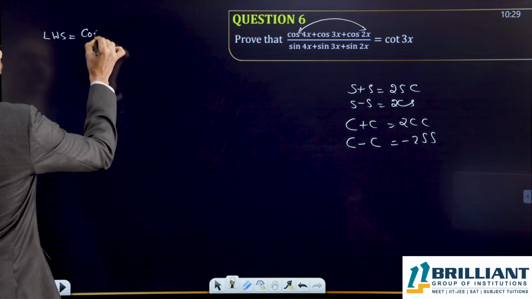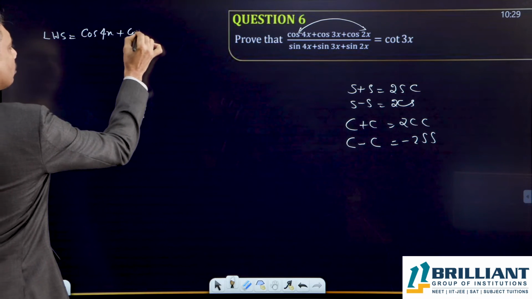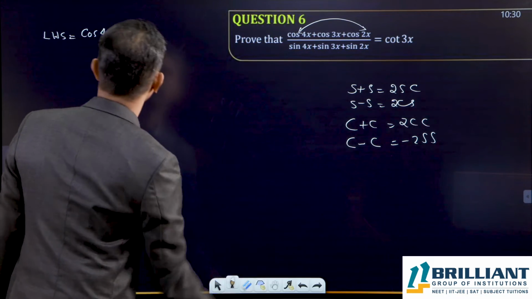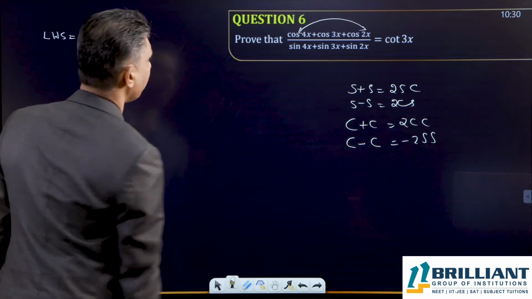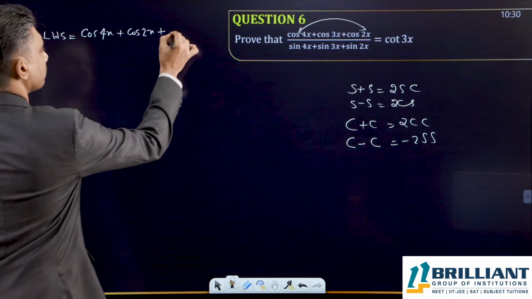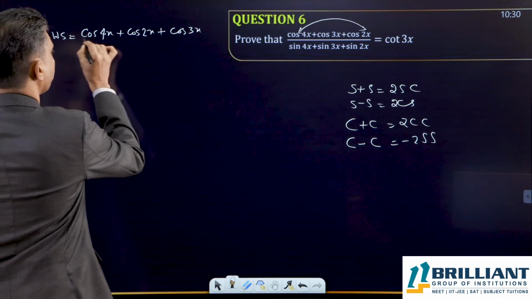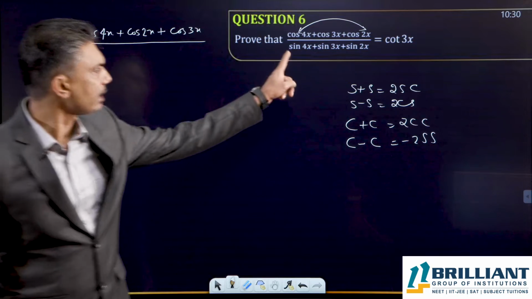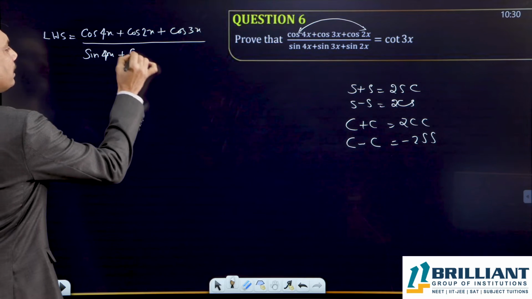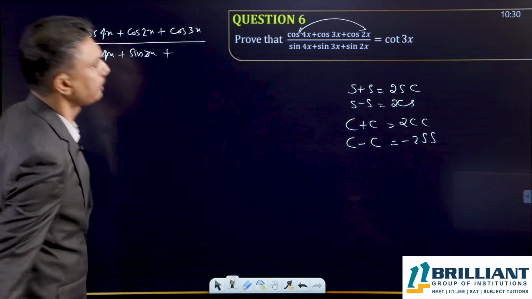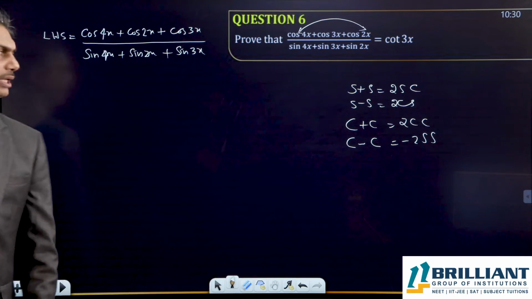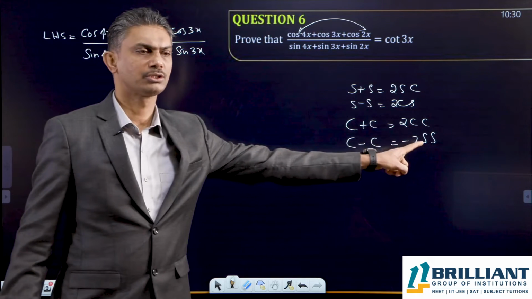to cos 4x plus cos 3x, instead of cos 3x, I will combine cos 2x plus cos 3x by, same way, sin 4x and sin 2x I can combine. Sin 4x plus sin 2x plus sin 3x. Now, let us see what is cos plus cos. 2 cos cos.